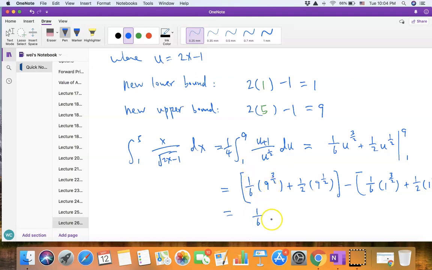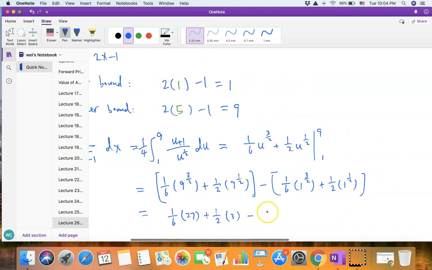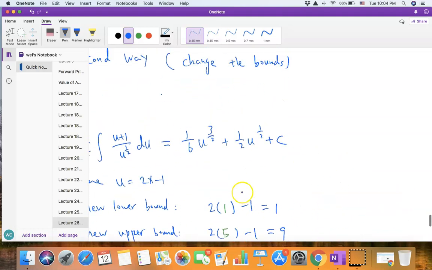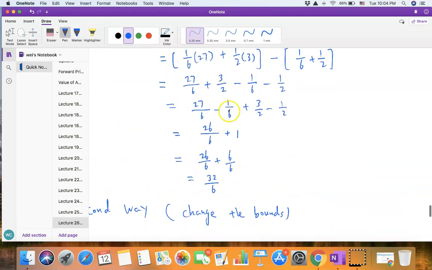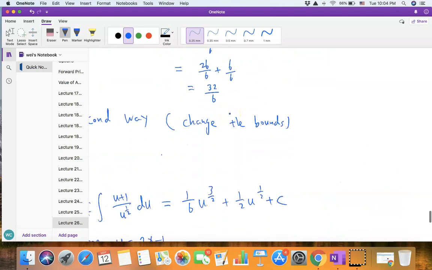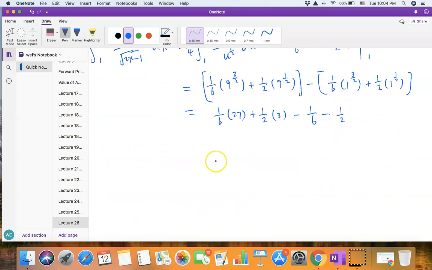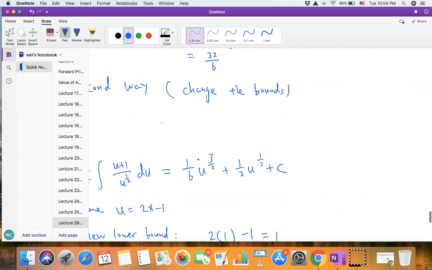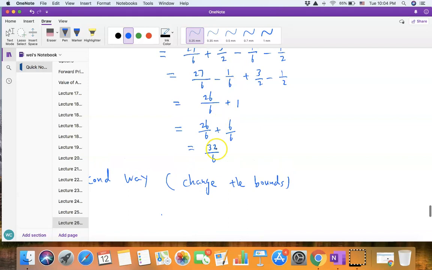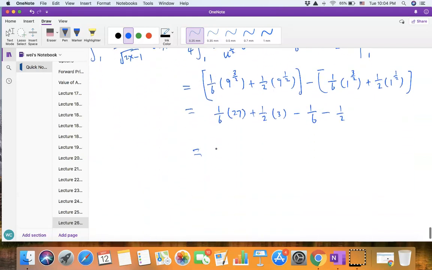This equals 27, and 9 to the power of 1/2 equals 3, and minus 1/6 minus 1/2. So you see, we will get the same thing as we got here. So the answer, after we evaluate this, will be the same thing, 32/6.